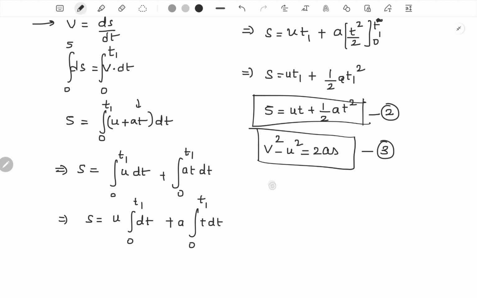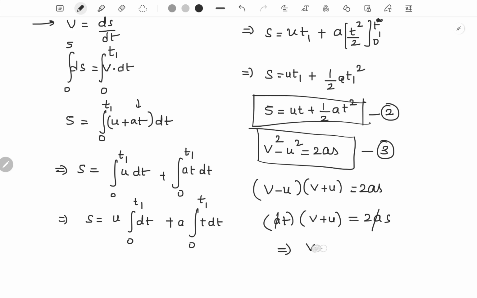One small observation from here which I would like to conclude: v square minus u square can be written as v minus u into v plus u, is equal to 2as. So v minus u is basically at, into v plus u, which is equal to 2as. a gets cancelled, so we can write it as (v plus u) by 2 is equal to s by t.